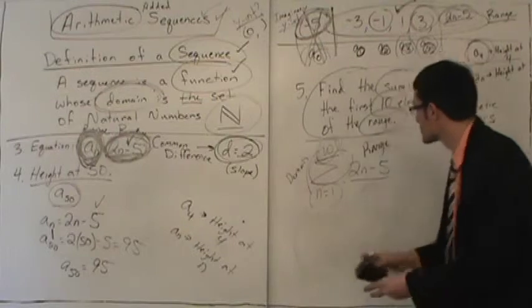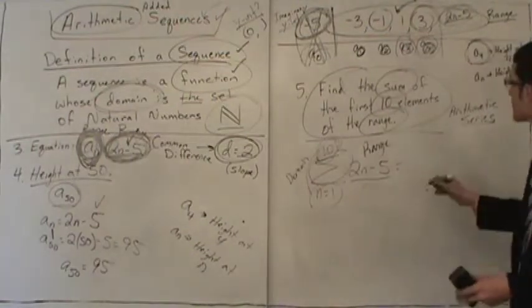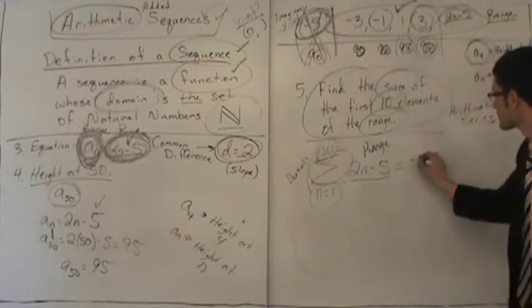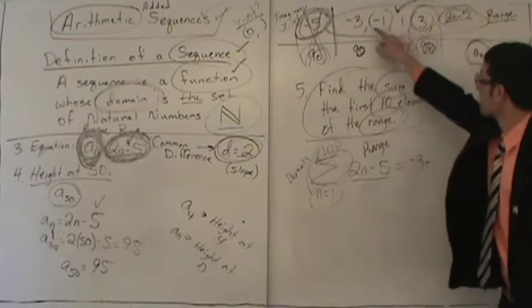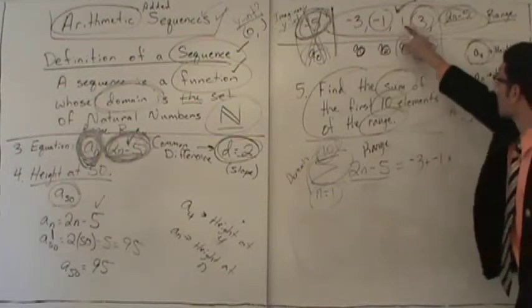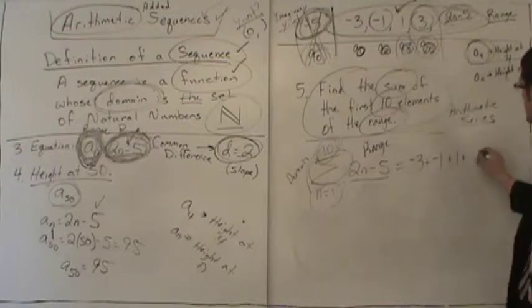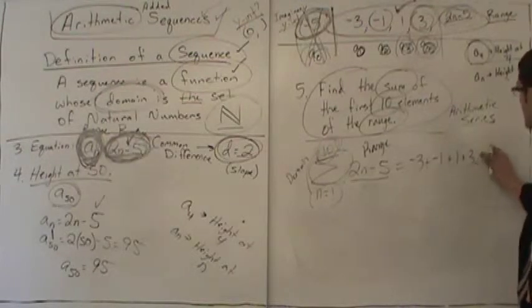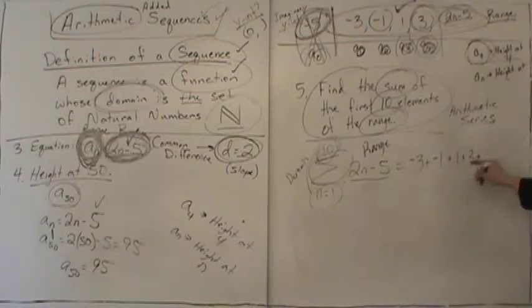Now, to do it, just simply write them out. So we're writing what? Negative 3 plus what? Negative 1 plus what? 1 plus 3. And you see the pattern. The pattern is that you're going up by what? Going up by 2, so just write them all out.